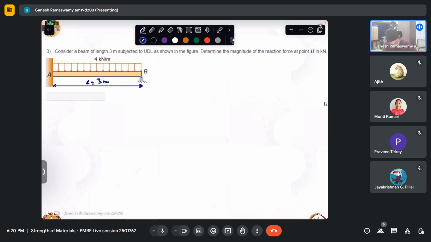So now let us say that we have the beam like that, and this is fixed here. Okay, so it is fixed over there. And we have the uniformly distributed load, which I'll just represent like this for the sake of convenience. So this is some W, let us say.